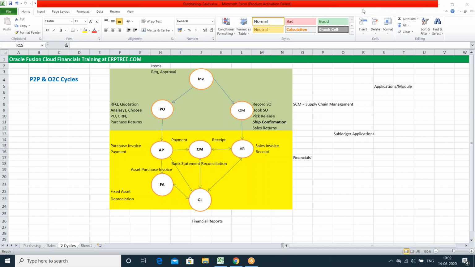There are very few clients who go with only financials from Oracle. They might have other applications to manage their inventory, PO and OM. In that case, those applications will integrate with the AP. Based on the receipt information they have, they'll create the invoice in the AP. That's how they plan. But most of the clients implementing Fusion Financials, very generally, will go with SCM also.